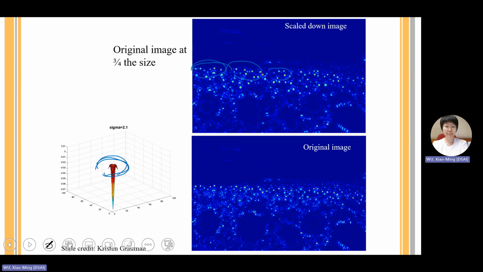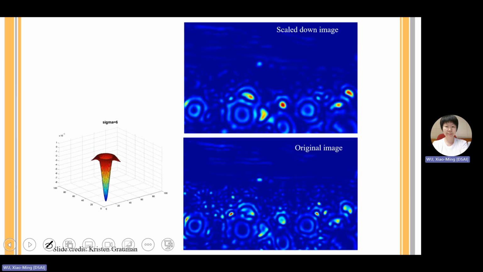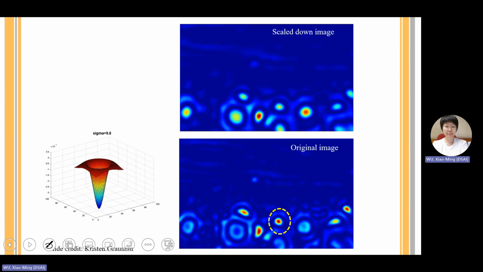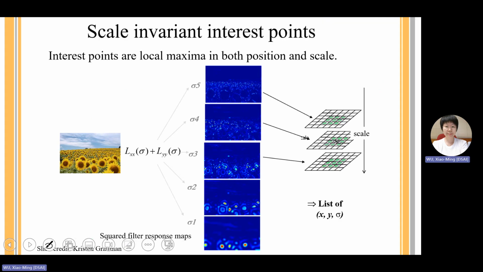You only achieve maximum response for those blobs that align with its zeros. You can see the response. Similarly, a medium filter can only identify medium blobs. So if you want to identify all the blobs together simultaneously, you need to apply filters of different sizes.